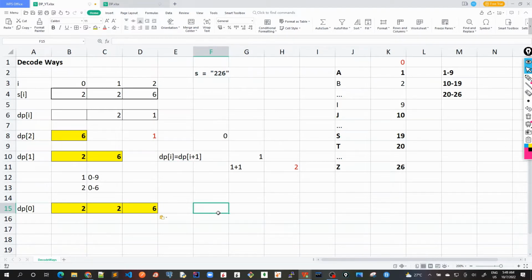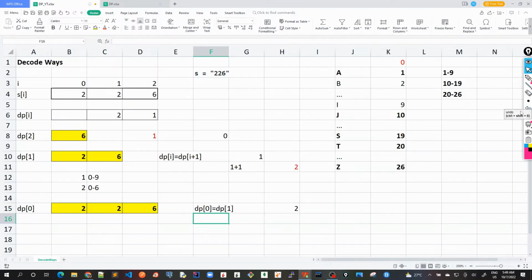If I just use this formula, it would be starting with 2, right? Because DP of 0 would be a continuation of DP of 1. So in that case, we start with our base condition as 2. Now, again, we have to check for 2 digits first and 3 digits all together.